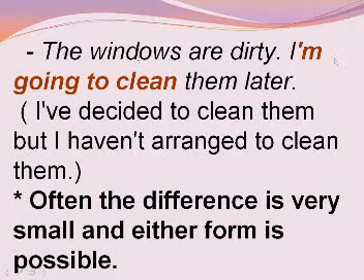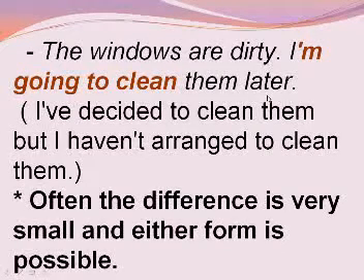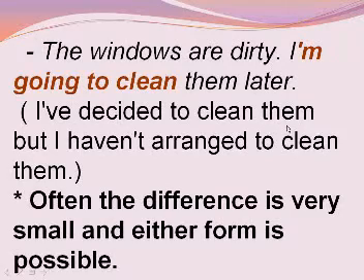For example, the windows are dirty. I'm going to clean them later. It means I've decided to clean them, but I haven't arranged to clean them. Okay? So perhaps I don't have soap, for example, or I don't have things I can use for cleaning. So this is what I mean by arrangements.